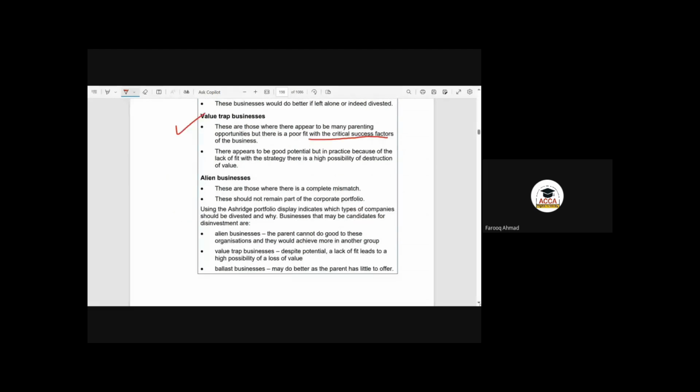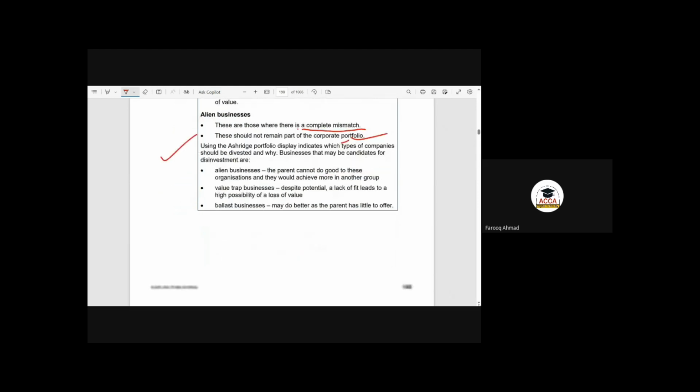Alien businesses are those where there is a complete mismatch. They should not remain part of the corporate portfolio. This is the reason they are given the name alien businesses.